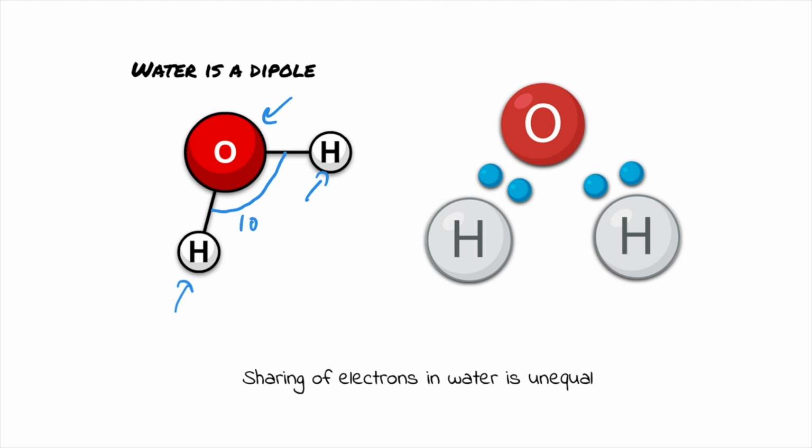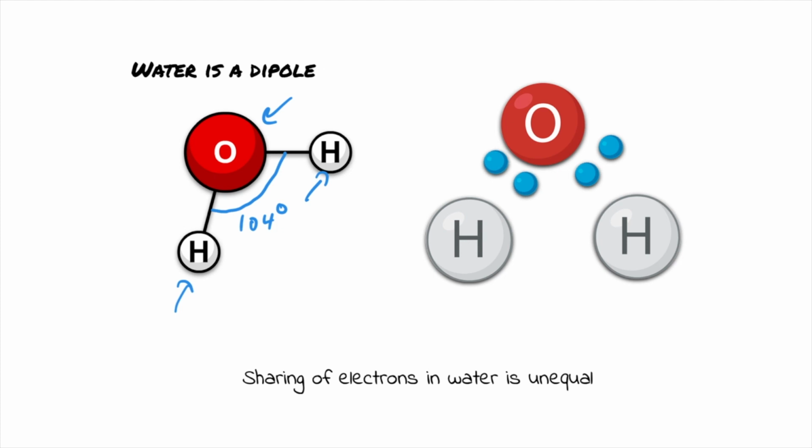This angle is around 104 degrees. The way these atoms are arranged here makes the distribution of electrons unequal. Now look, these are the electrons here. Those electrons are usually quite closer to the oxygen than they are to the hydrogen.